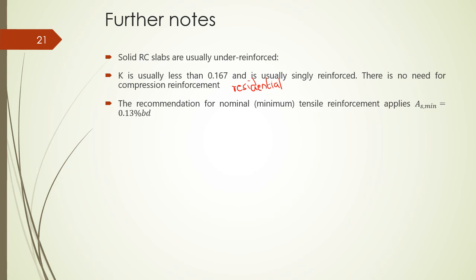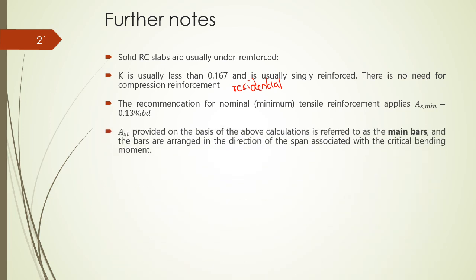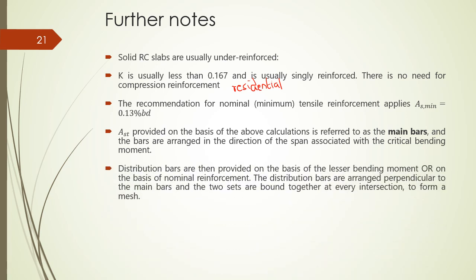The recommendation for nominal tensile reinforcement applies. This is taken as 0.13% bd. The area of steel is provided on the basis of the above calculations and is referred to as the main bars. And the bars are arranged in the direction of the span associated with critical bending moment.